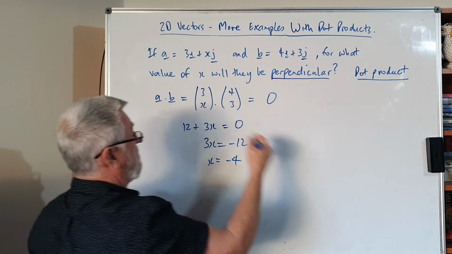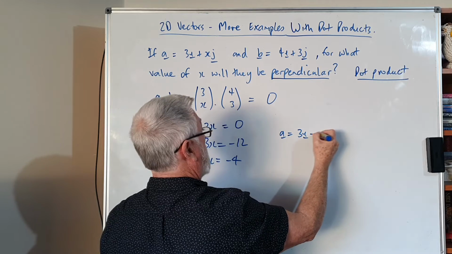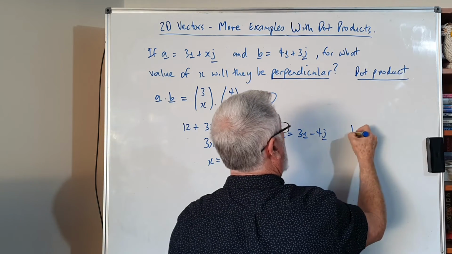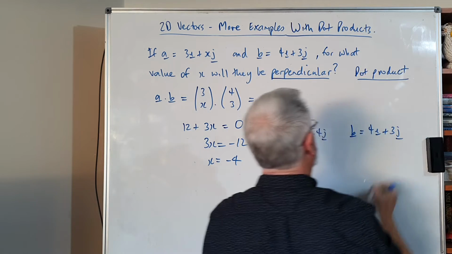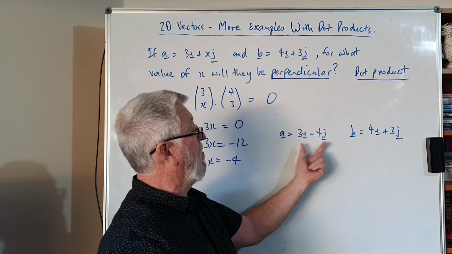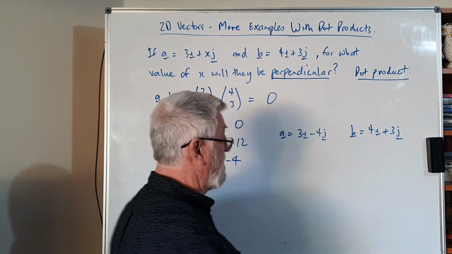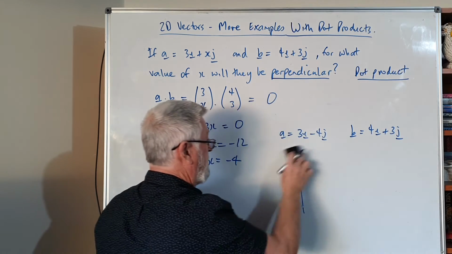So if we go back to my two vectors now, the vector A becomes 3i minus 4j, and the vector B becomes 4i plus 3j. I chose the numbers on purpose to make it pretty obvious that this is 3 and 4 and this is 4 and 3. So at this point I could draw a diagram, and I don't even need axes.